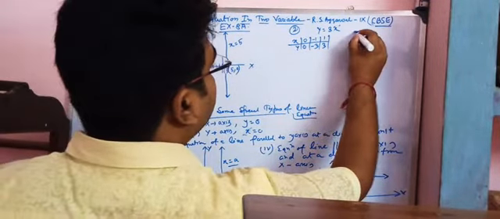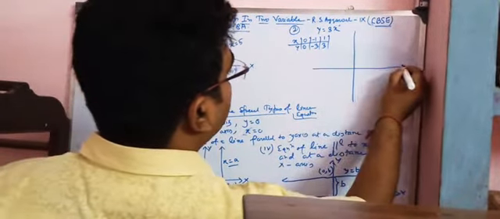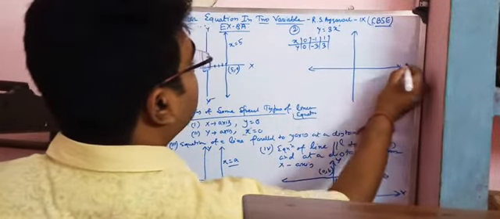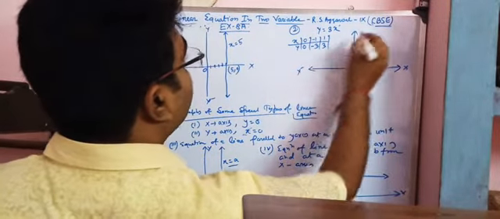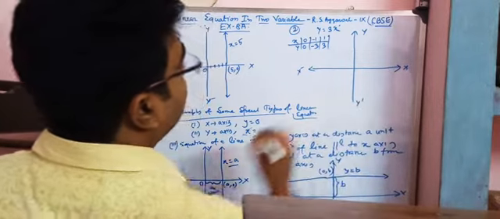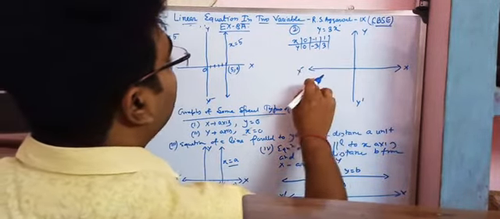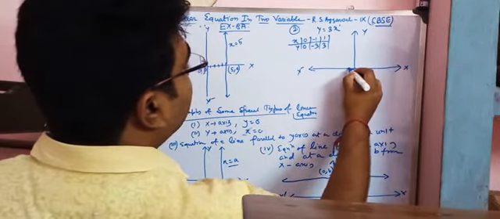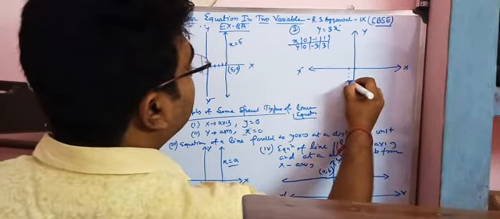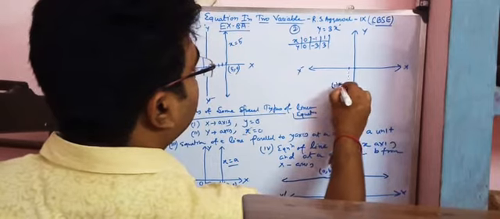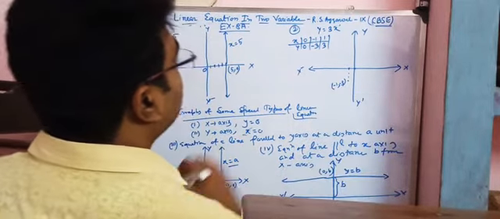Next, again we are taking the coordinate system like that. X dash, y dash. So first point 0, 0, next point is minus 1, minus 3. So this is minus 1 and this is minus 3.